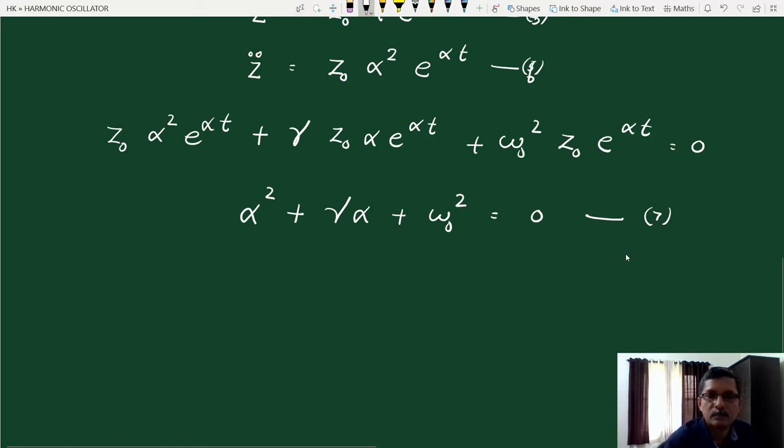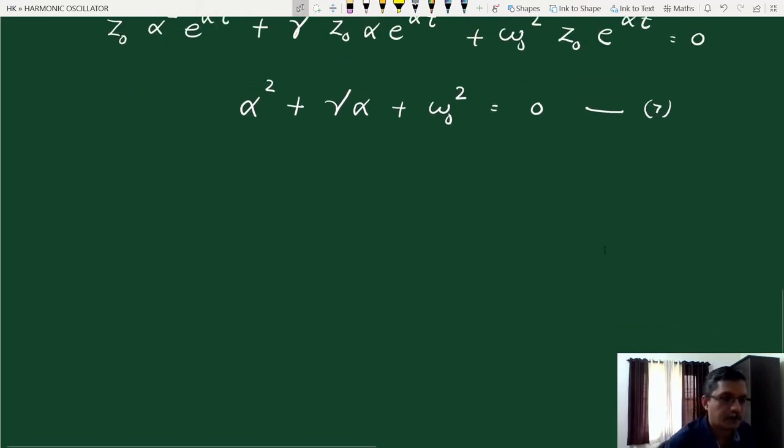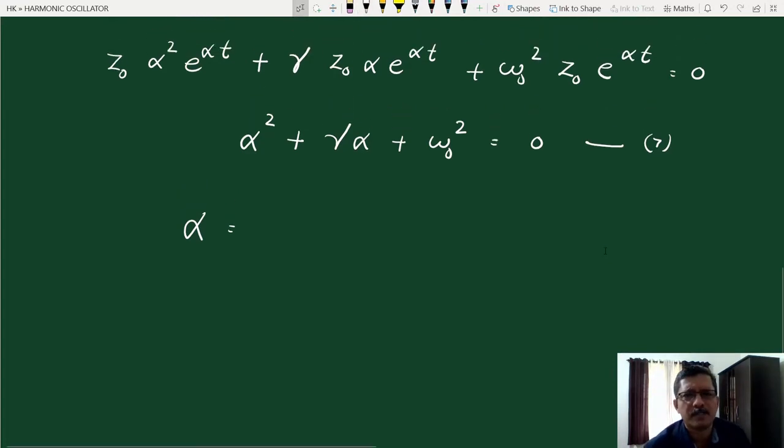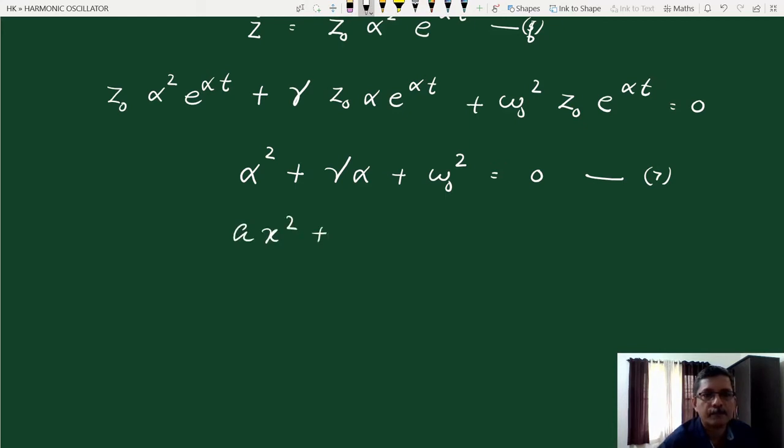You know the solution of a quadratic equation. So what are the solutions? If it is ax square plus bx plus c equal to 0, then what is the solution? Maybe I will write it here. So this equation 7 is a quadratic equation of the form ax square plus bx plus c equal to 0.